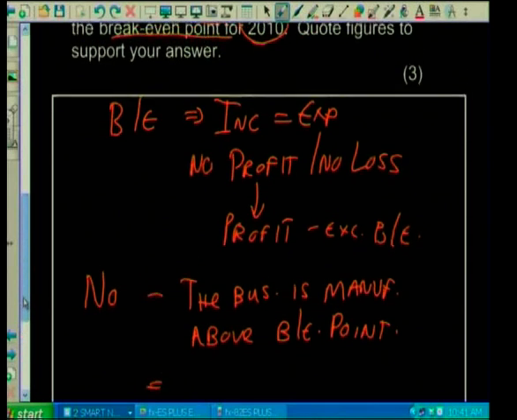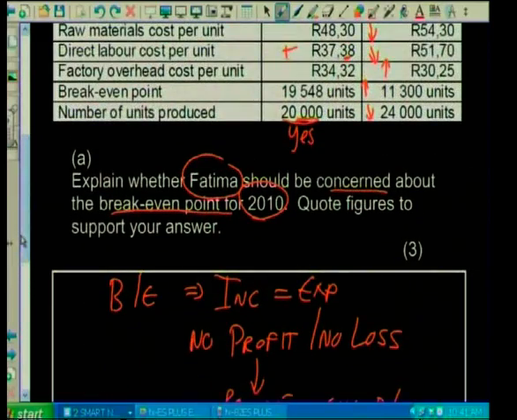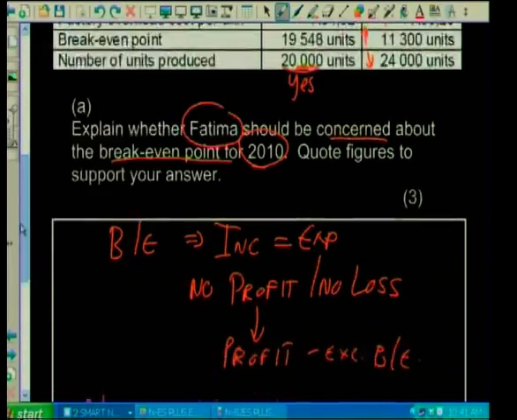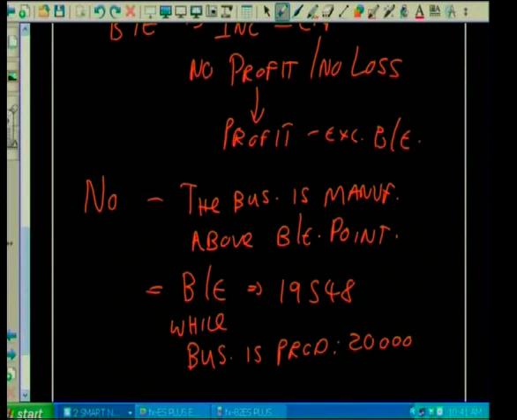The break-even point for 2010 is 19,548 units, while the business is producing 20,000 units for 2010, and it's obviously above the point of break-even. So she shouldn't be concerned. Right, let's move on now to the next question.